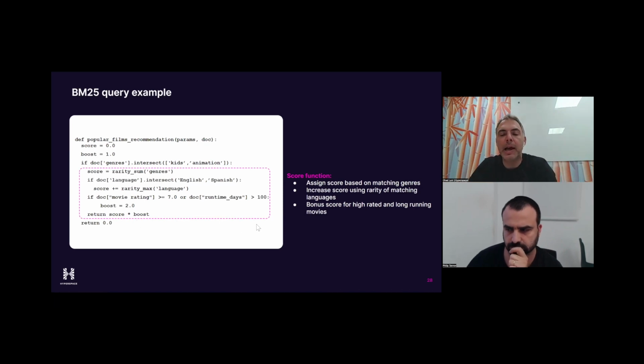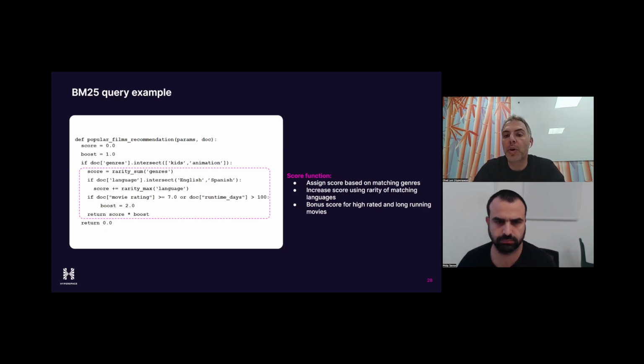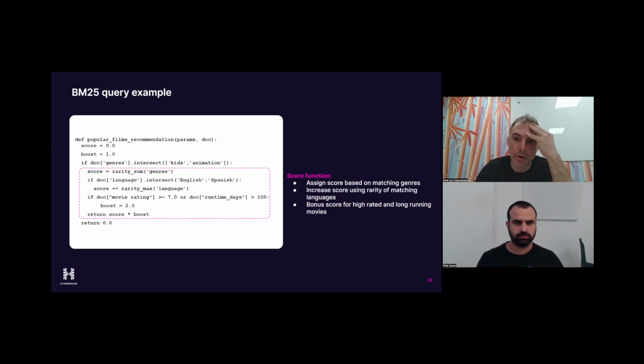So basically, I have a lot of flexibility to build up and define a very versatile score function. So in this case, I assign a score based on matching genres. I increase the score using rarity of matching languages. And then I end up providing a bonus score for highly rated and long-running movies.